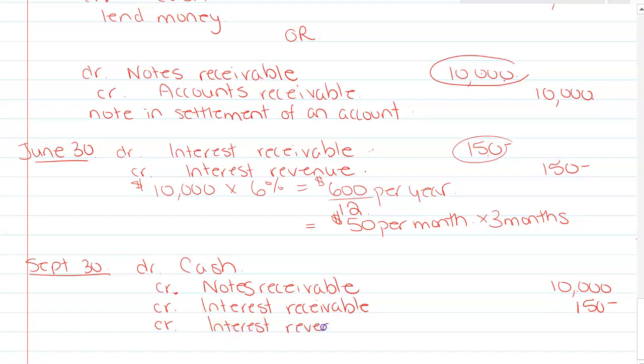So I recorded 3 months of interest in the previous year end, and now that means it's just 1 month of interest in this year end. So that's 4 months. So that's $50. And then I can take these, add them up, and then I'm going to actually receive $10,200 from the person I lent the money to, and then our business transaction is complete.